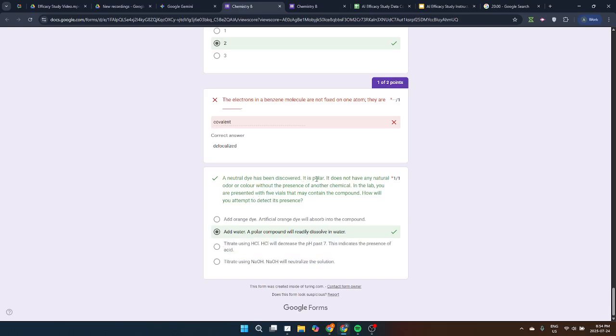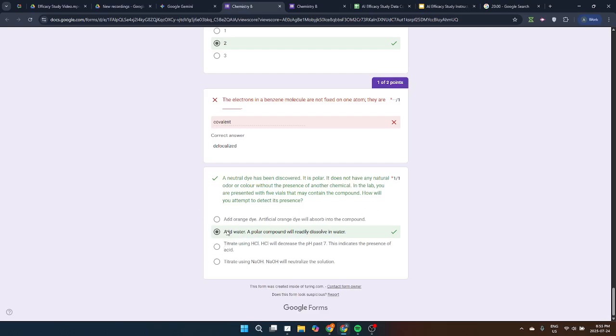And so I read the second point, it is polar. And so this is a lot more useful piece of information, because like dissolves like, right? We saw that in the previous question.